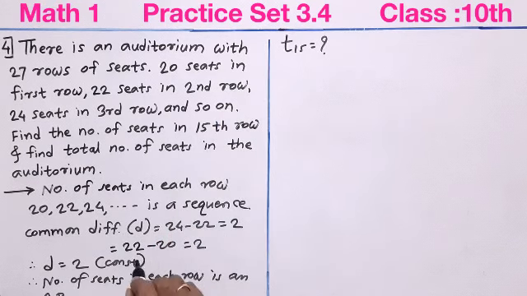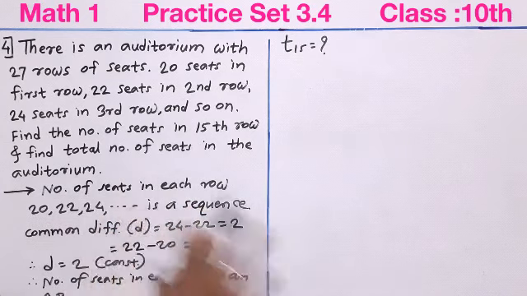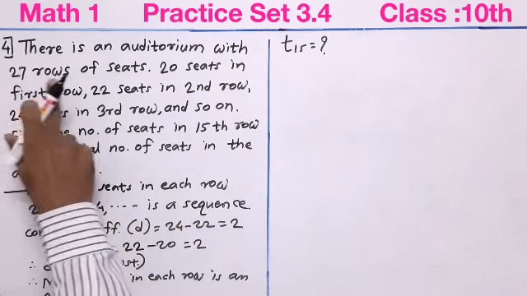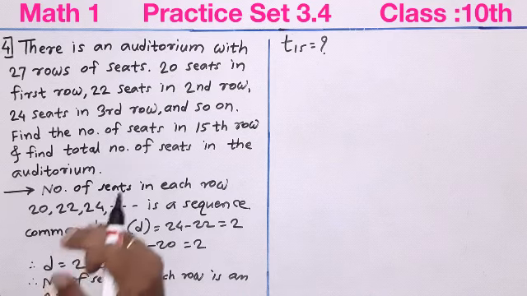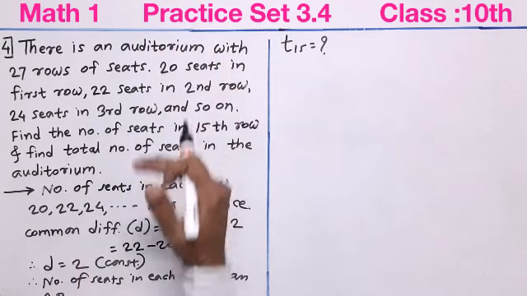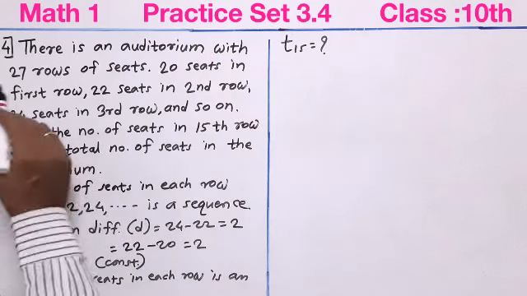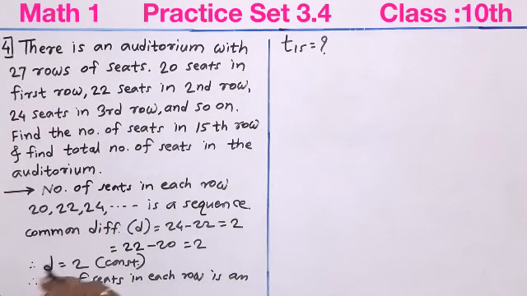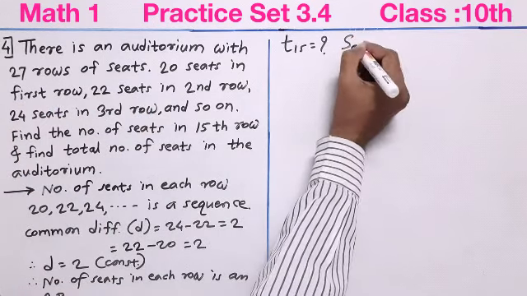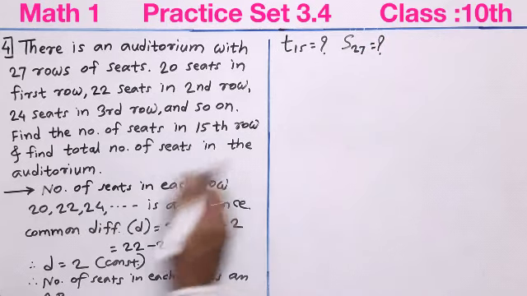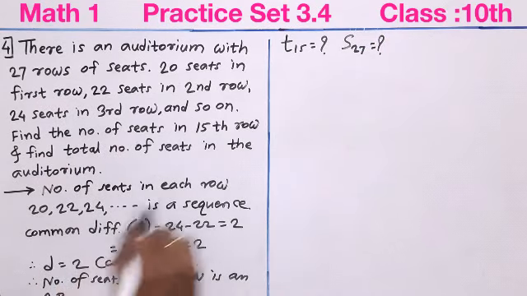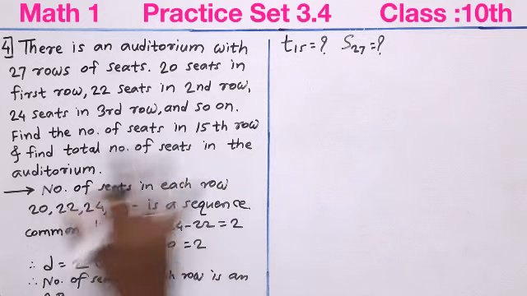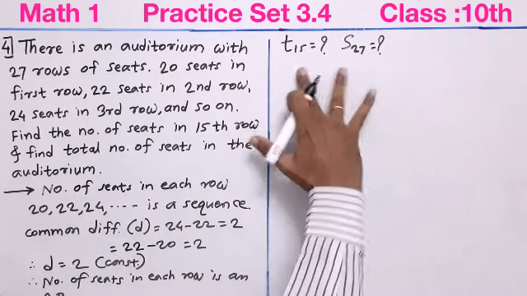And the second thing, the total number of seats in the auditorium: there are in all 27 rows, and if we find the sum of all the seats in all 27 rows, it gives us the total number of seats in the auditorium. That means n is 27 here. The sum of all 27 terms gives us the number of seats in the auditorium. So these two things we have to find out.